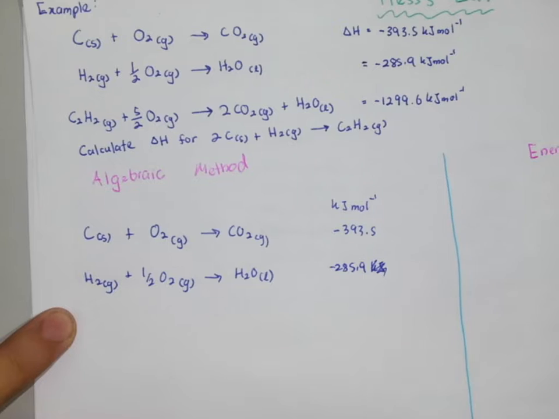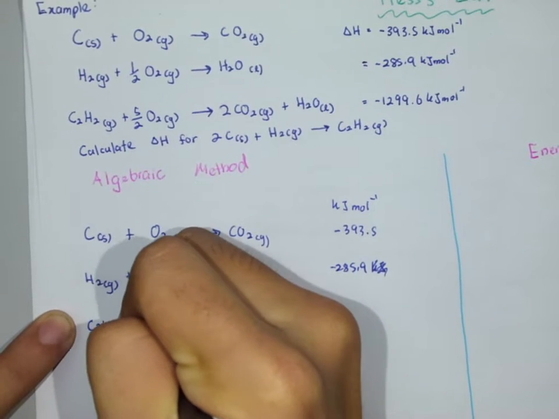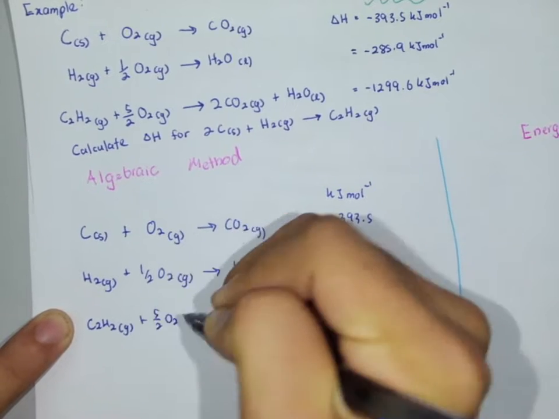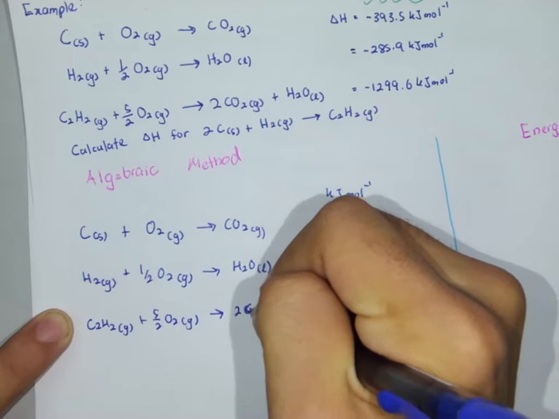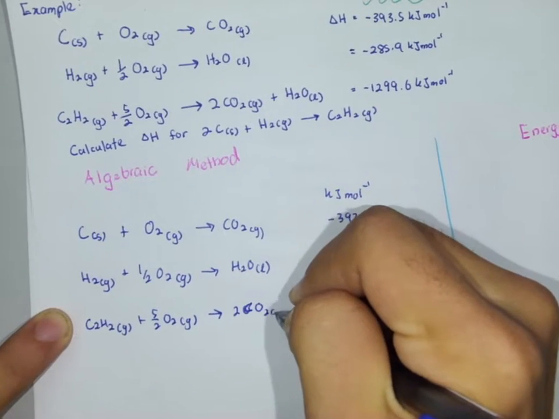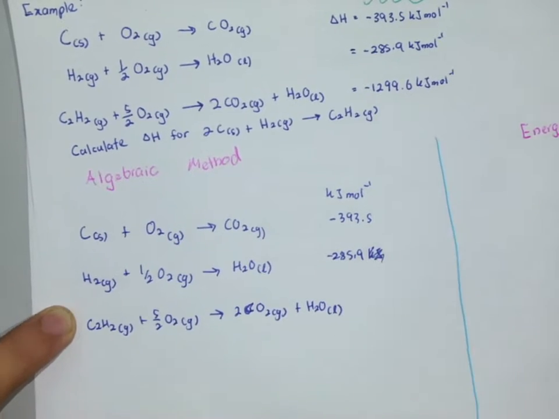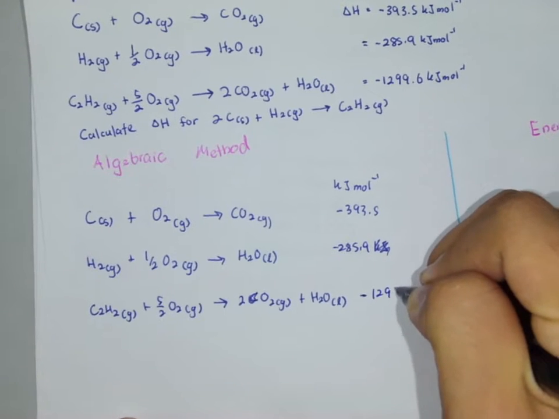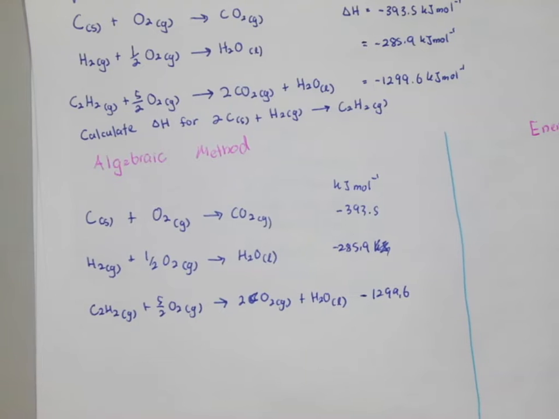And finally we have C2H2 gas plus 5/2 oxygen gas gives 2CO2 gas plus H2O liquid, and it is negative 1299.6.